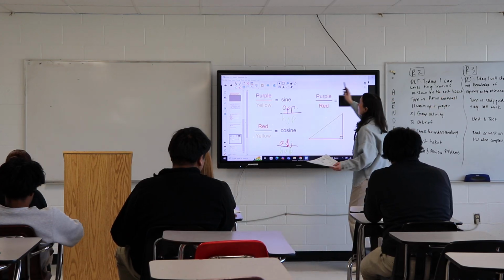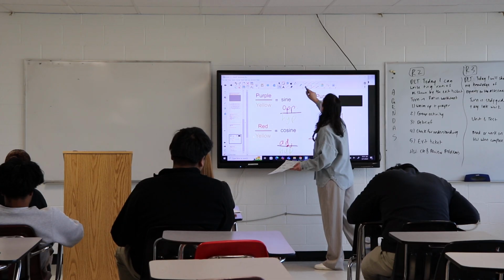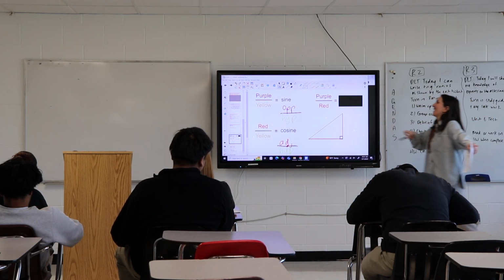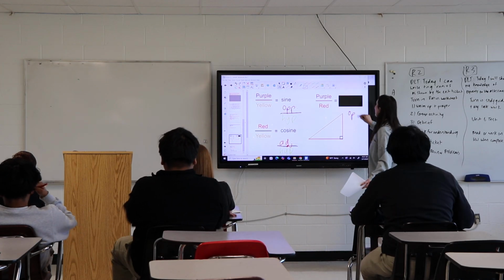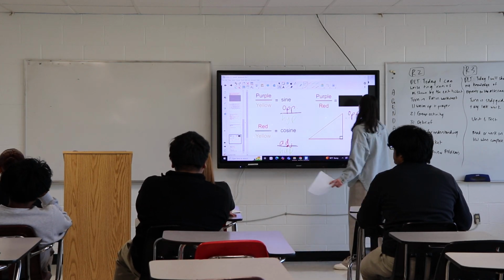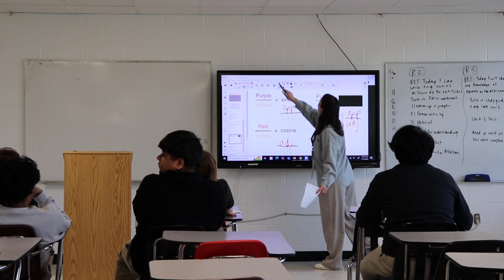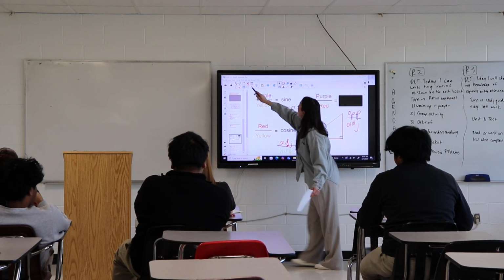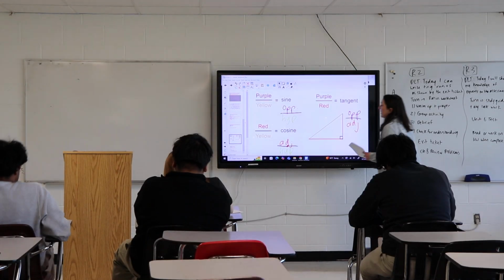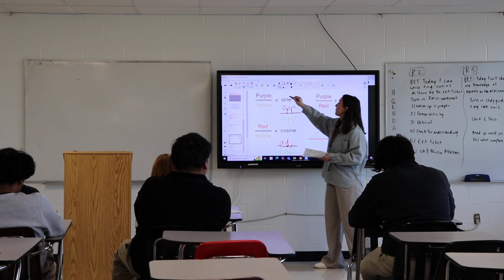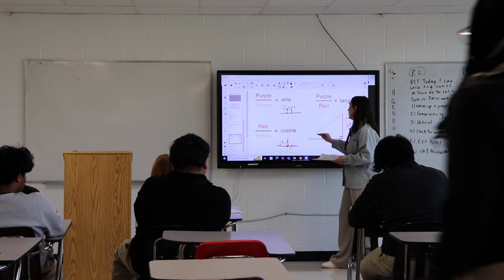And purple over red. Tangent, tangent. Opposite over adjacent forms our tangent. Any side is respective to, remember this is about perspective, this is about our reference angle.